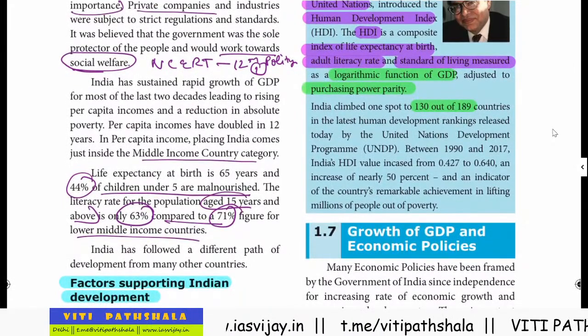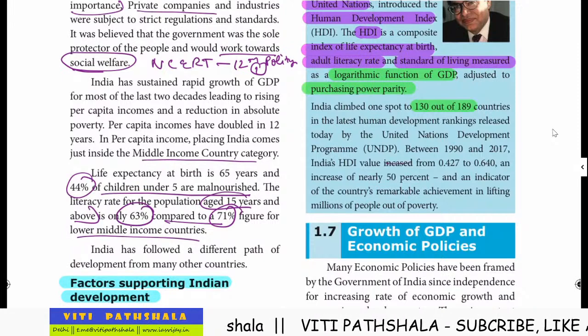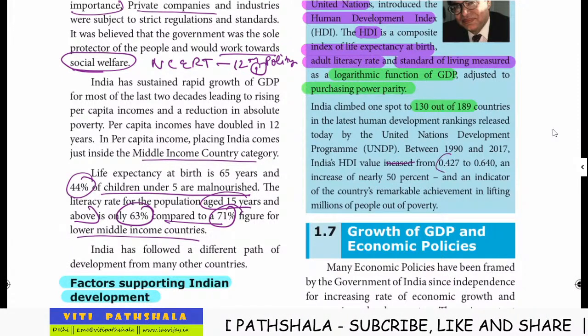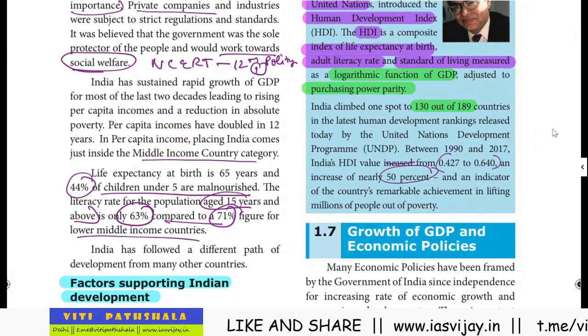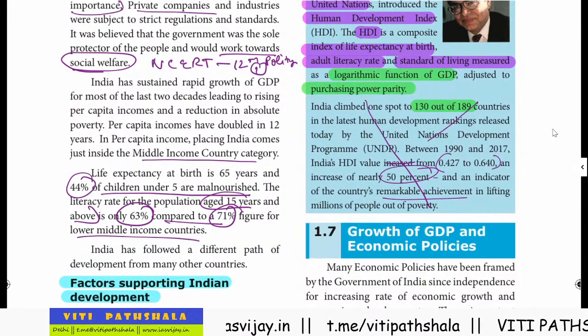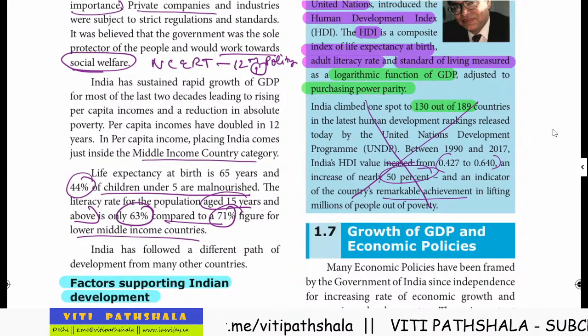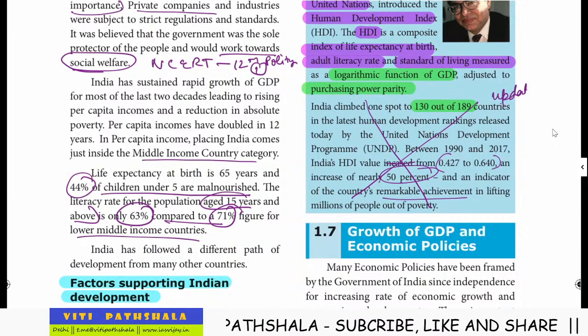So this is a typing mistake also. From 0.427 to 0.640, an increase of 50%, and the indicator for the country is remarkable. So this is not important because it is not updated. You have to refer to the updated one from current affairs.